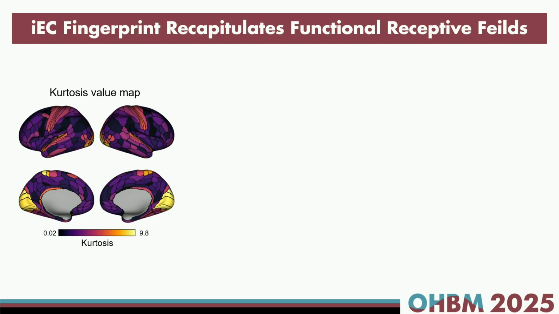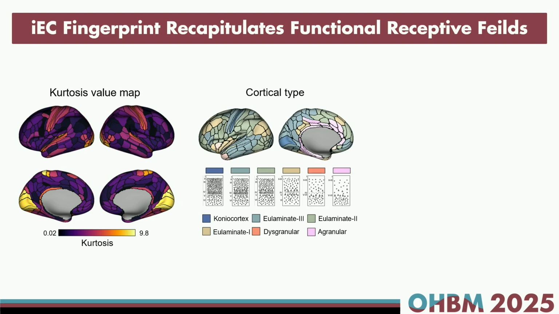And this is the cortices map, showing a very unique pattern where visual, sensory, and auditory areas have high cortices values, while heteromodal areas show comparatively low cortices values. So we compared this to cortical type information, which is implicated in the anatomical hierarchy, demarcating each cortical region based on the laminar specificity.